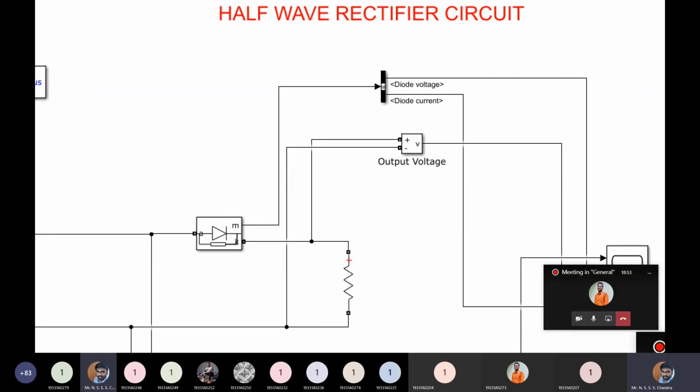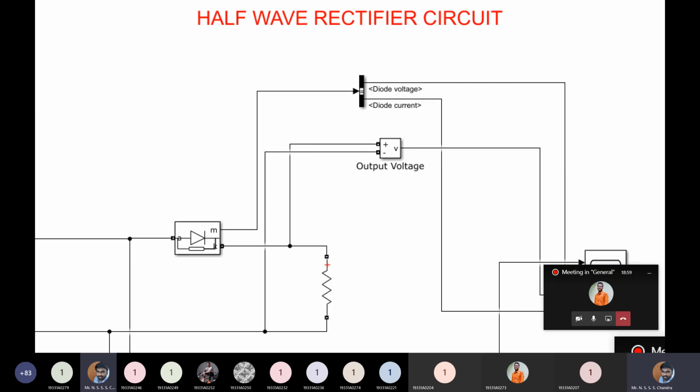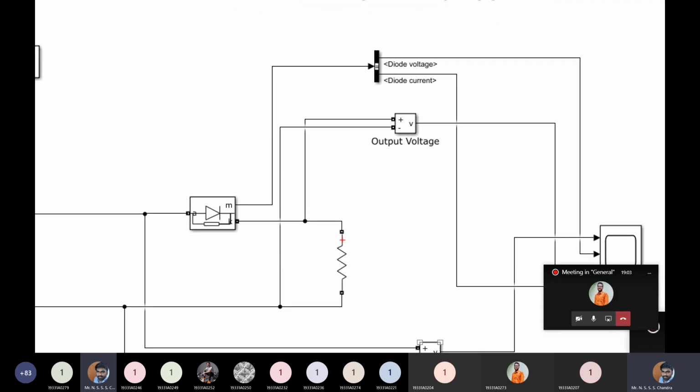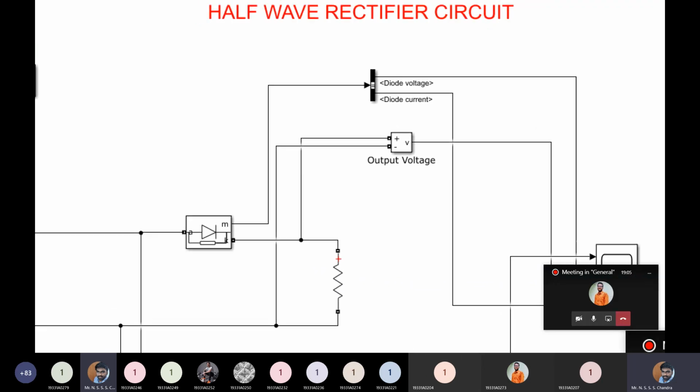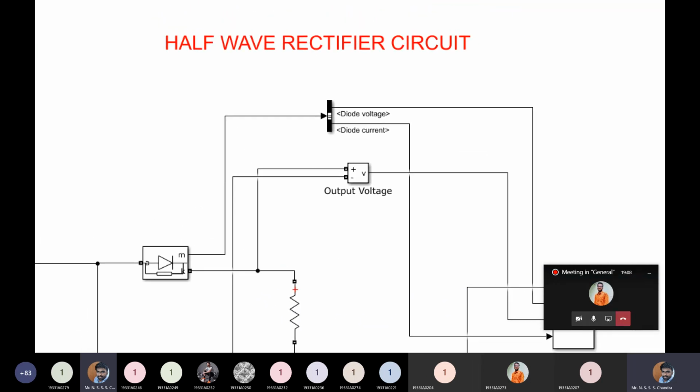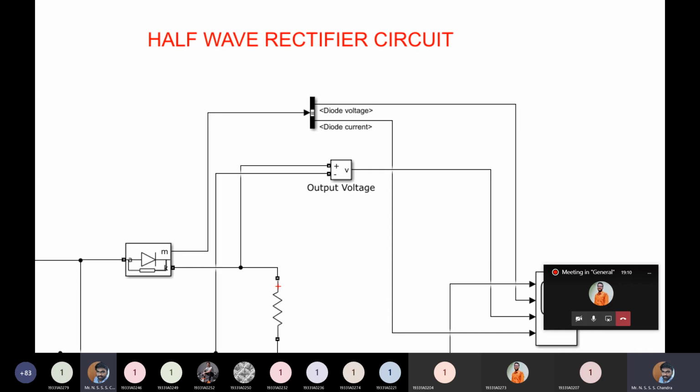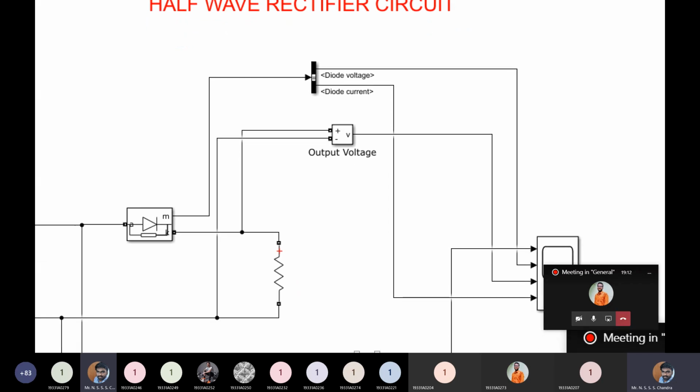That's the name I have given; it is not inbuilt, the inbuilt name would be voltage measurement. I'm connecting it across the load resistor, and from the bus selector I have two signals: diode voltage and diode current. Altogether I have four signals to measure: input voltage, diode voltage, output voltage, and diode current.